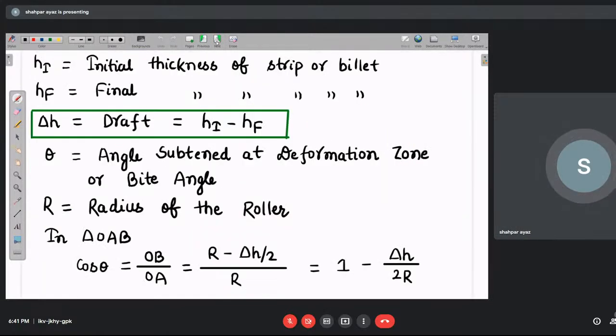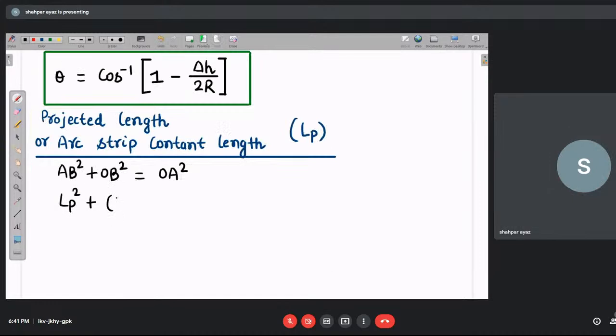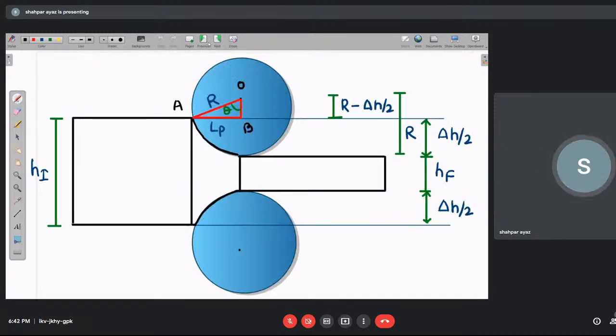OB is R minus delta H by 2, squared. OA square is R square.